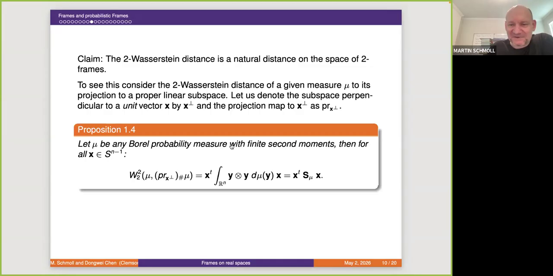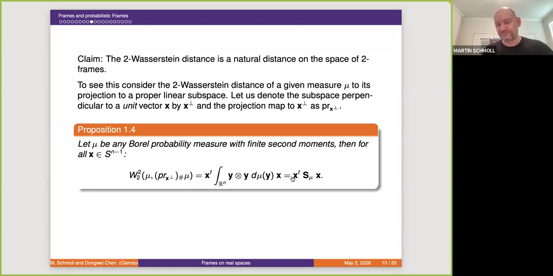If you take these projections to a plane perpendicular to a unit vector x, and you push forward your measure and take the two-Wasserstein distance squared, then you see exactly the integral.